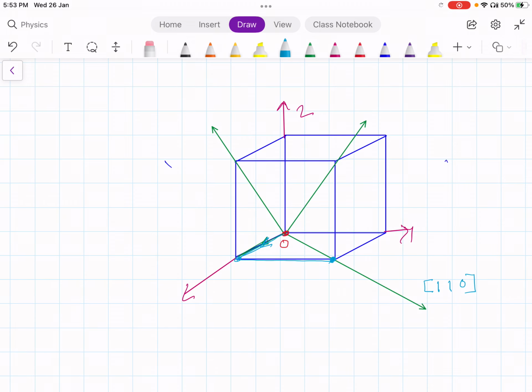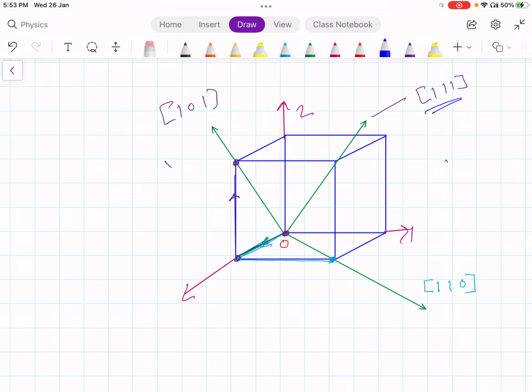Similarly, see the another one. From this point, if you move the distance a, then we get this point. This is origin. And so the Miller indices of this direction is [1 0 1], and obviously this one will be [1 1 1].